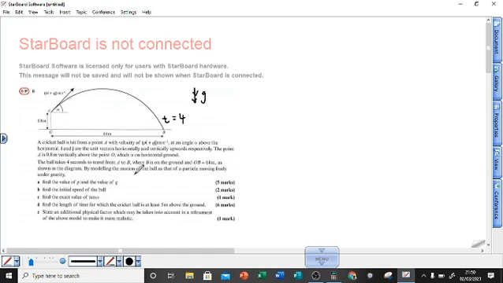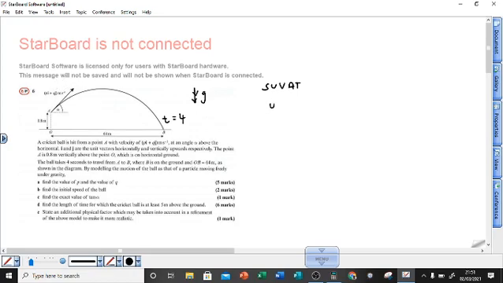Okay, so we can do this all in one go. We can say that using SUVAT, no need to give direction for this, I'm going to stick with using vector format.